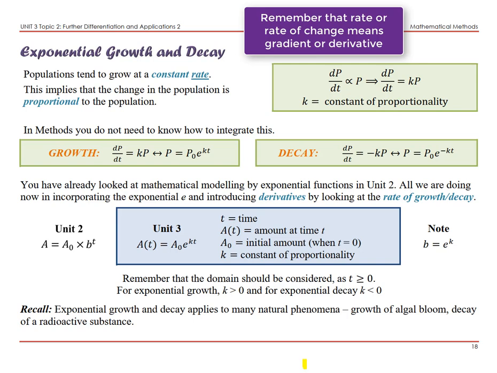Now, populations tend to grow at a constant rate. What does that mean?